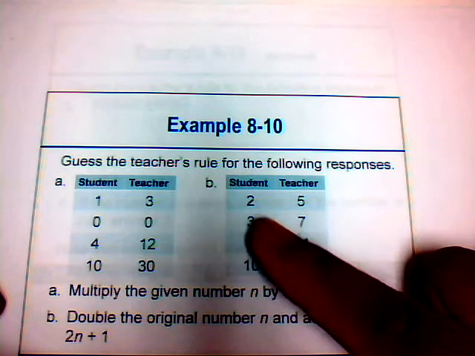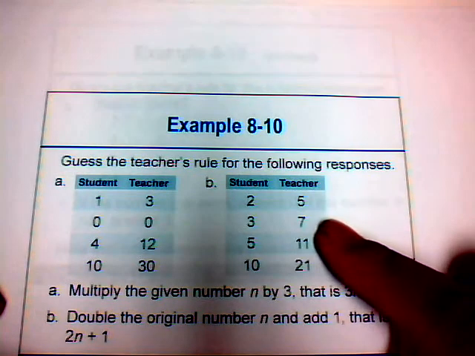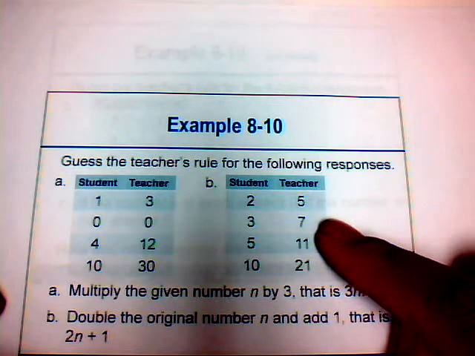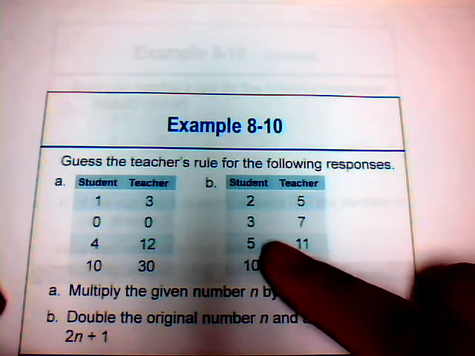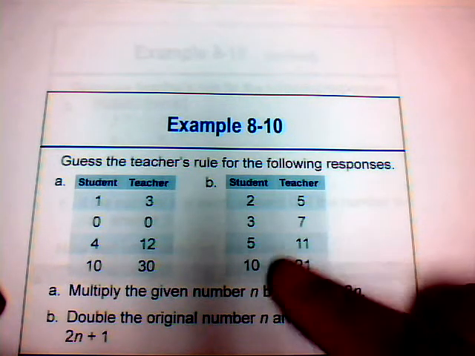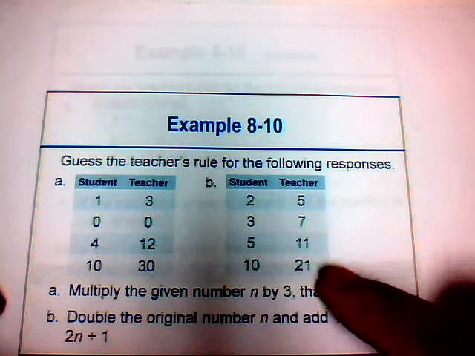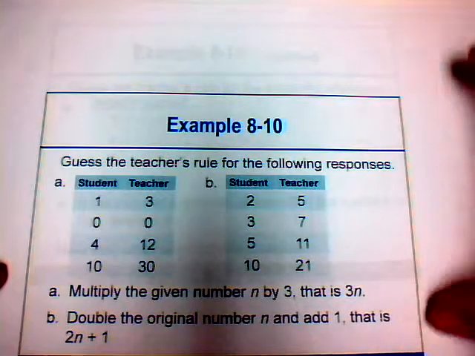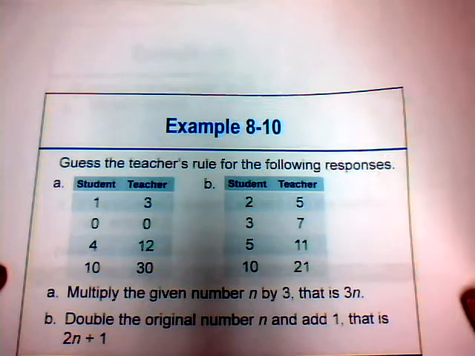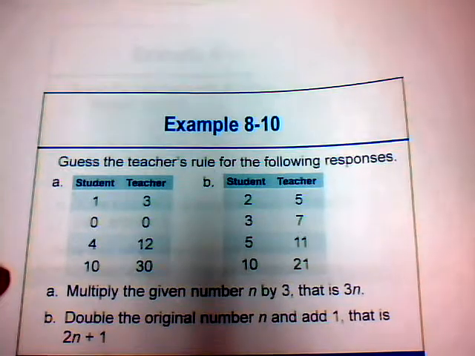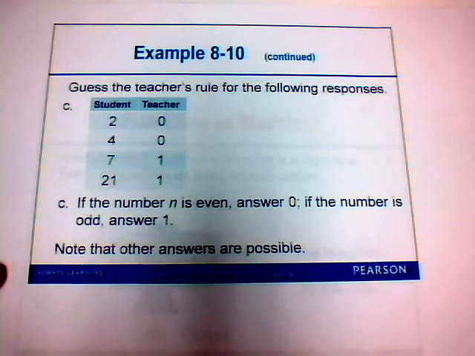For 3, 3 times 2 is 6 plus 1 is 7. For 5, 2 times 5 is 10 plus 1 is 11. And for 10, 2 times 10 is 20 plus 1 is 21. So we're doubling the original number and then adding 1, which is 2n plus 1.